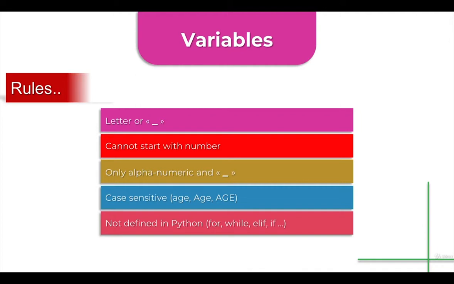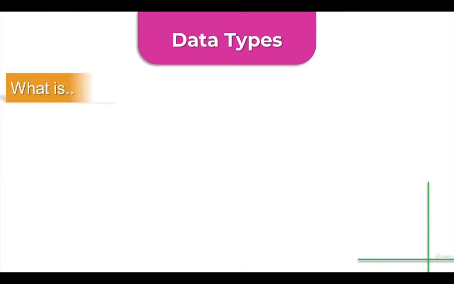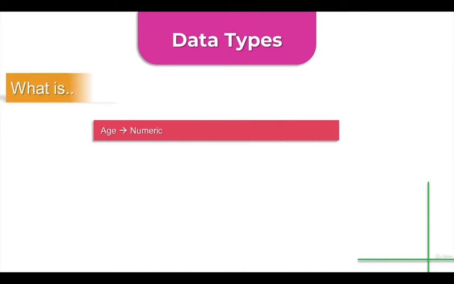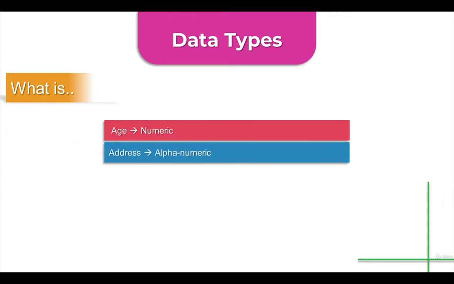So now we can talk about the different types of data in Python. So what is data type? So as you may already know, the data stored in memory can be of many types. For example, a person's age is stored as a numeric value, and his or her address is stored as alphanumeric characters.